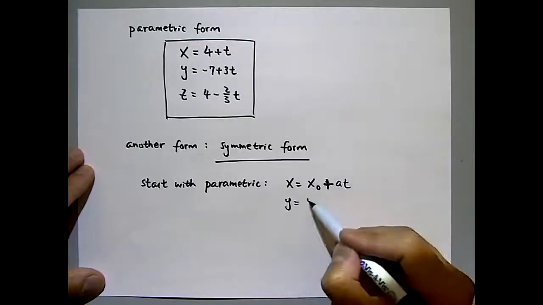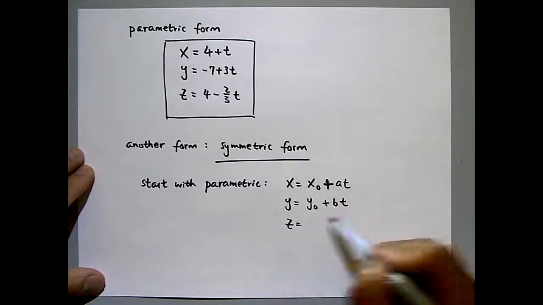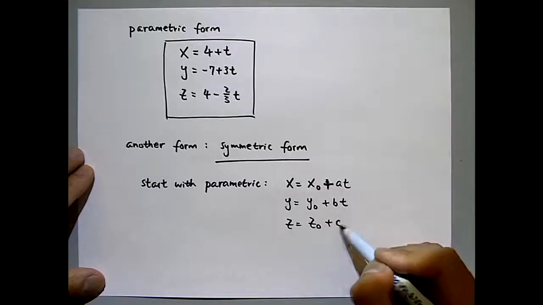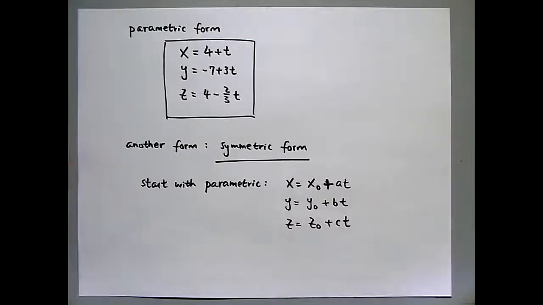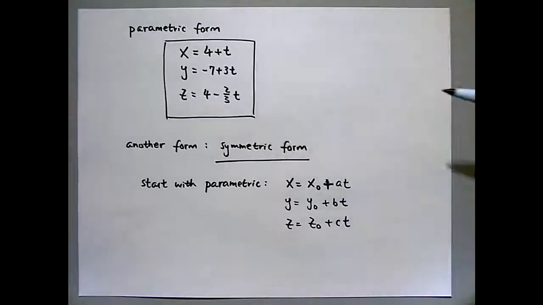Y is y sub 0 plus bt. And z is z sub 0 plus ct. The idea is to eliminate t from this.